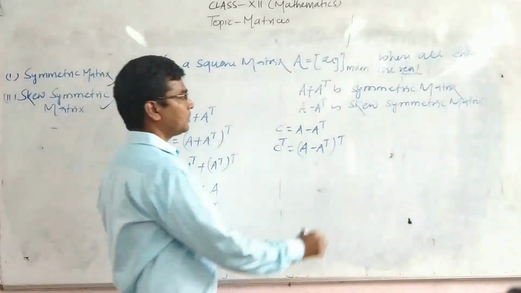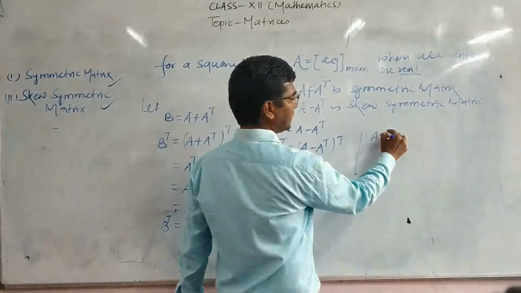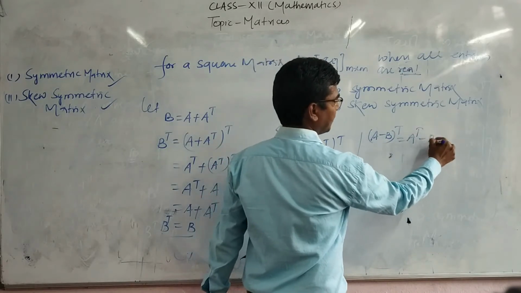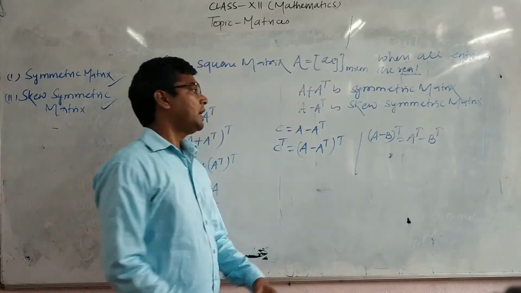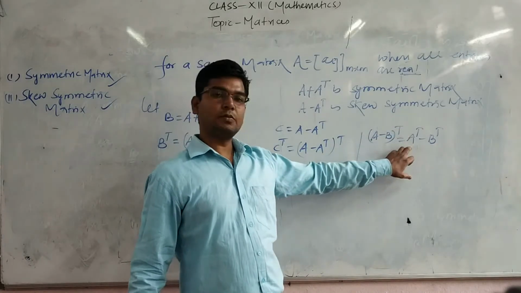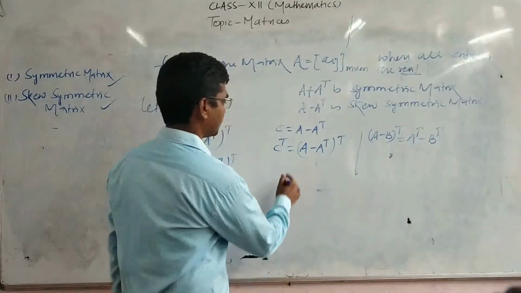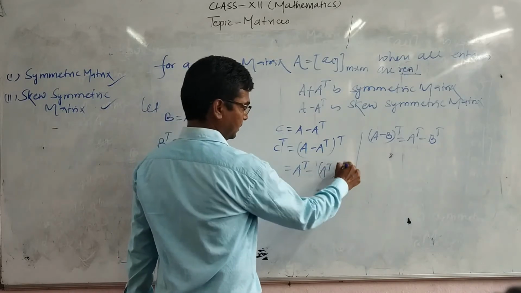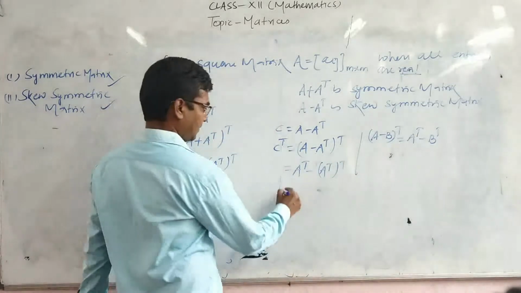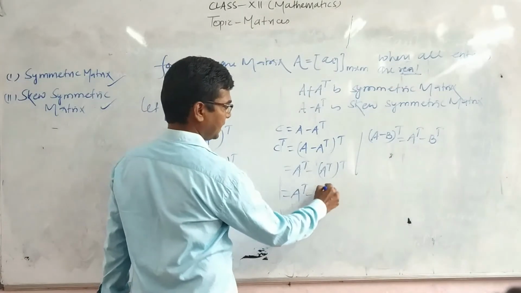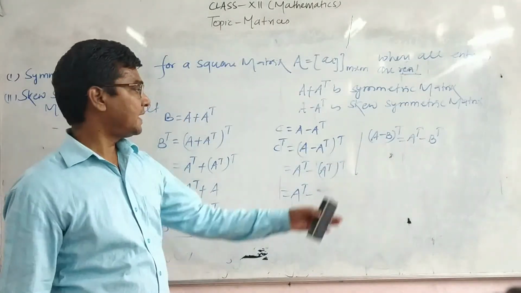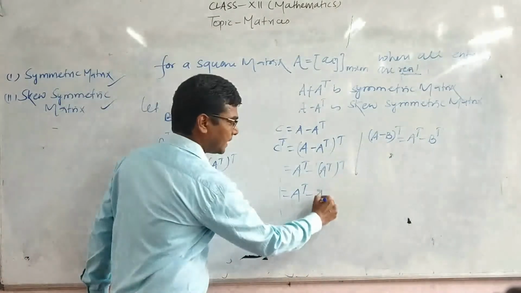And we know by the property of transpose that (A minus B) transpose is equal to A transpose minus B transpose. So it will be A transpose minus (A transpose) transpose. So this will be A transpose, and again you know that if you take the transpose of a matrix twice, it will be the original matrix.